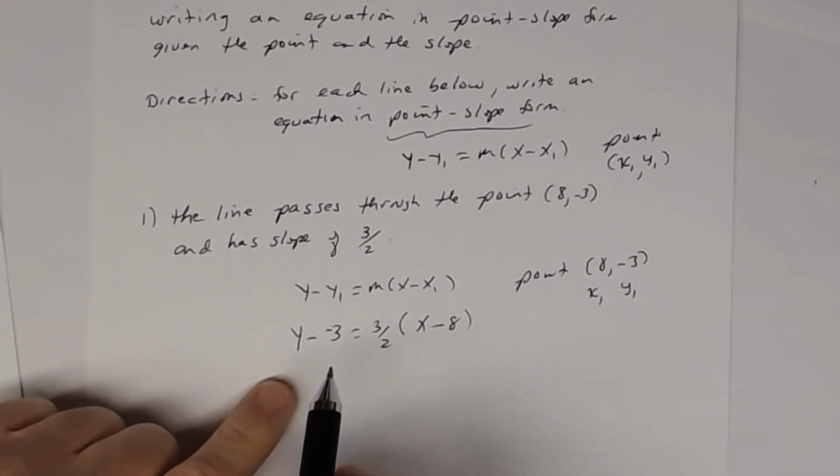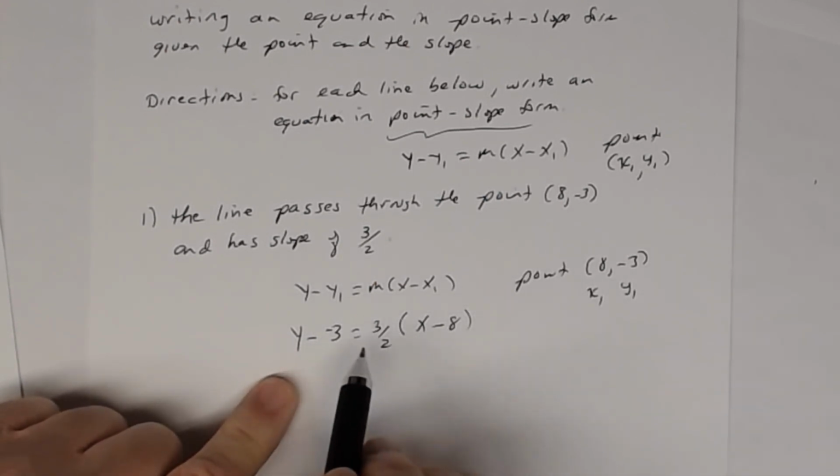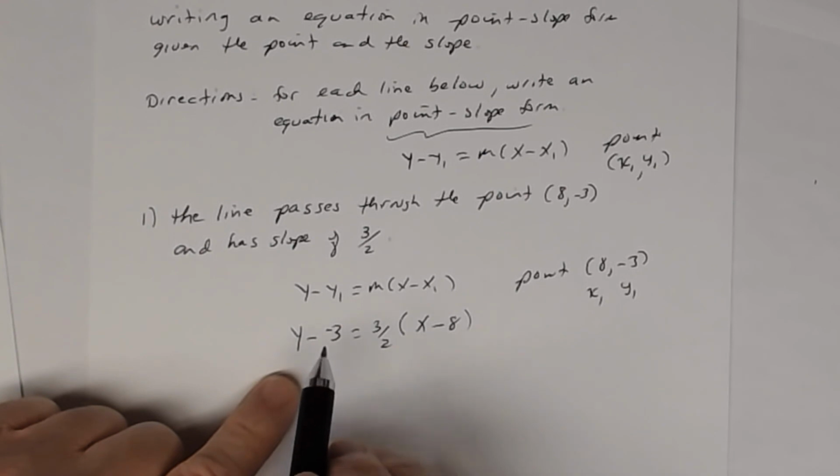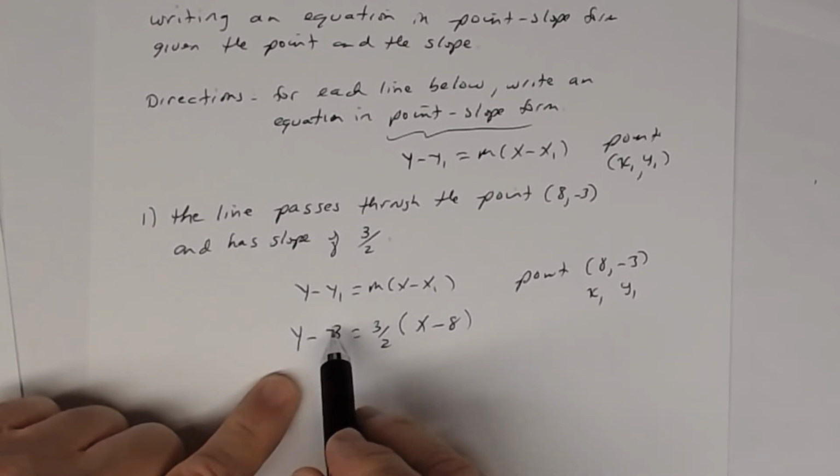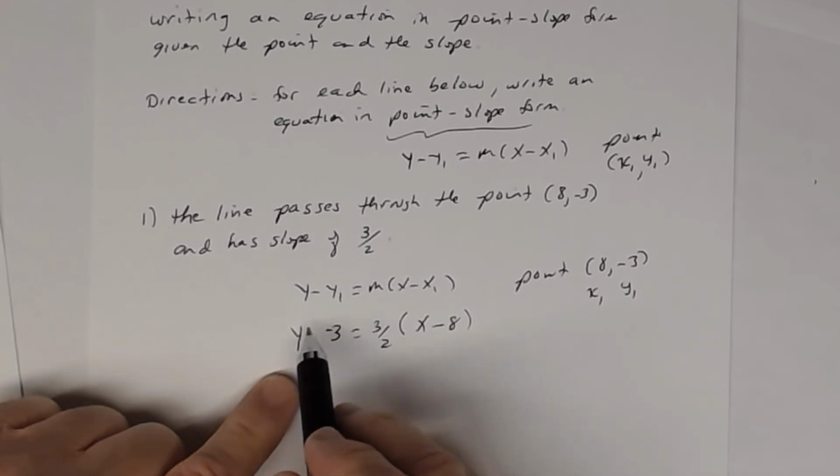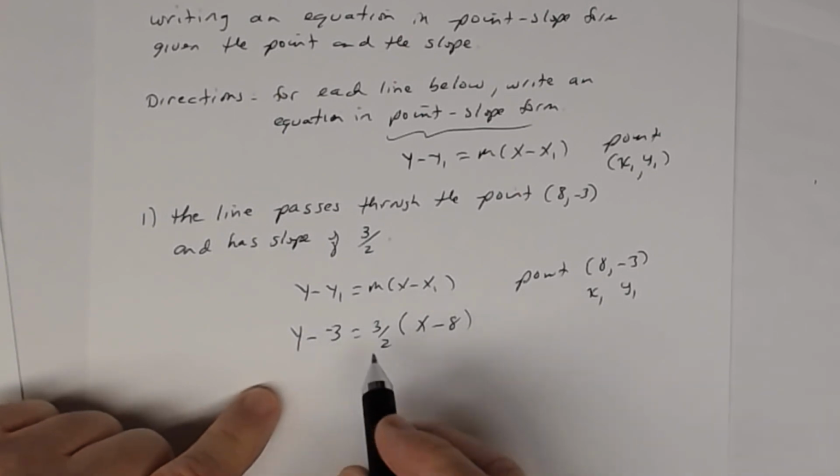Now, do not leave your answer like this, and here's the reason. We expect you to know that if you see y subtract a negative 3, you can rewrite it in a better way. You can always change subtraction to addition: y subtract negative 3 means y plus the opposite of negative 3, which is y plus 3.